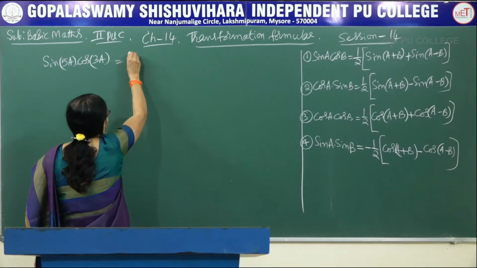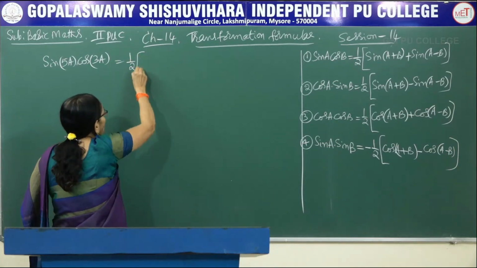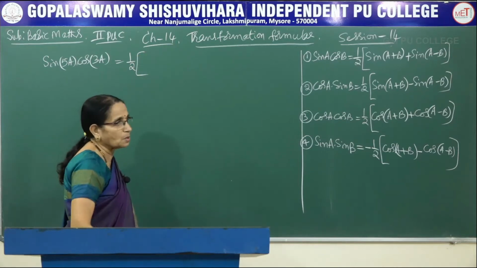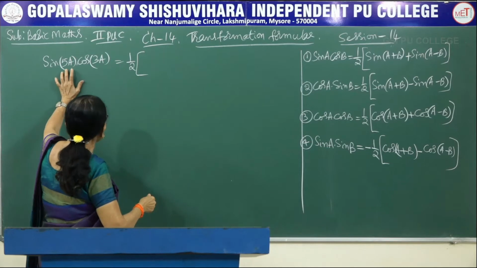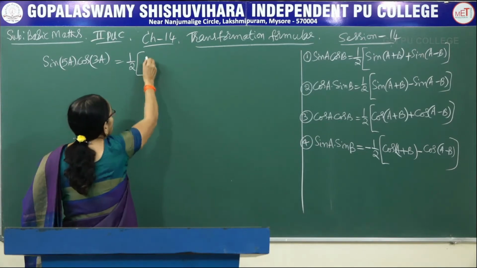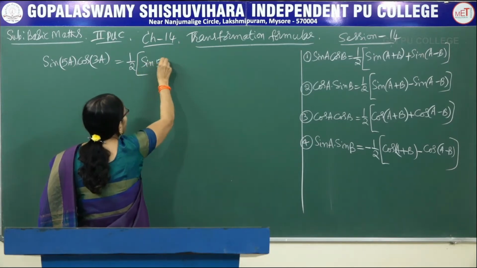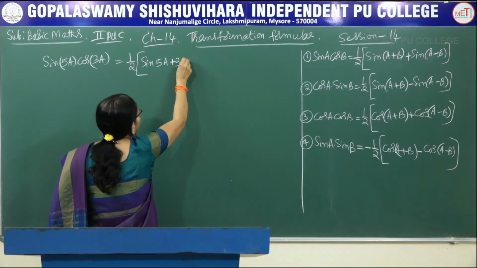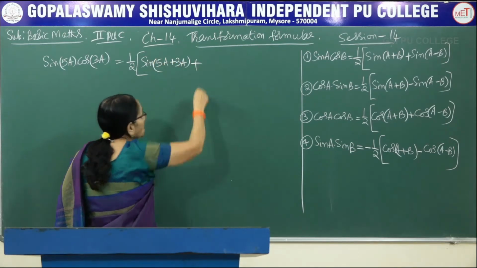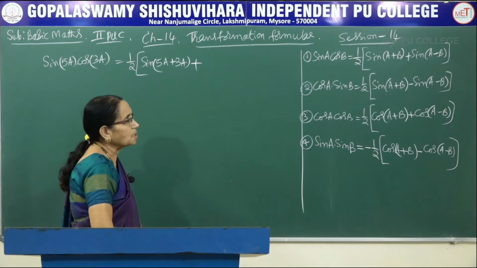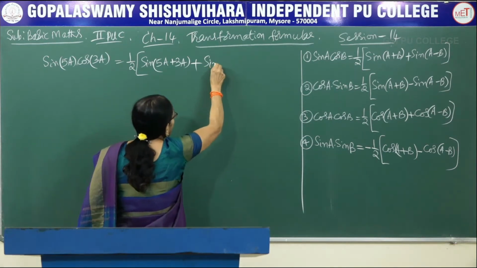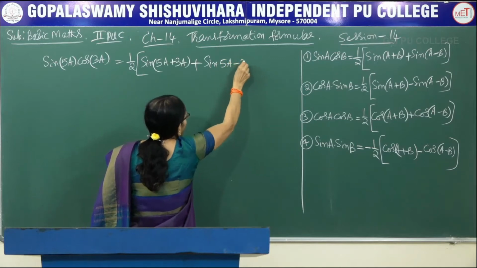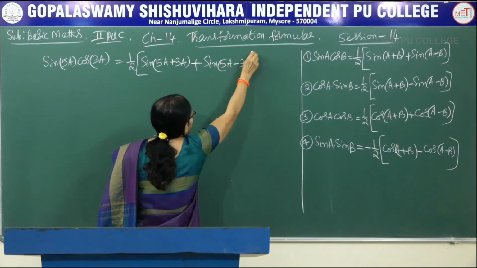So, how do you write that one? It is half, which will be there for all of them, sin of a plus b. A means 5a, b means 3a. So, that would be equal to sin of 5a plus 3a, in between plus. Next is sin of a minus b, that is sin of 5a minus 3a.